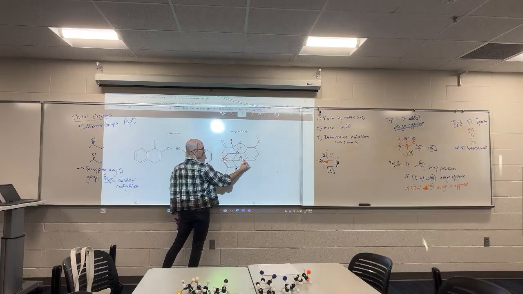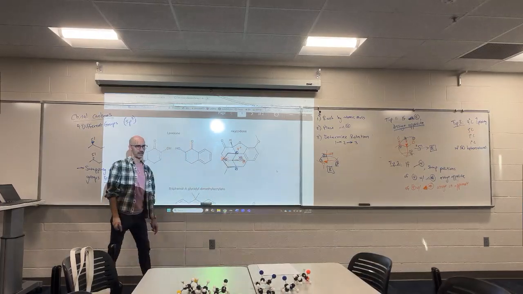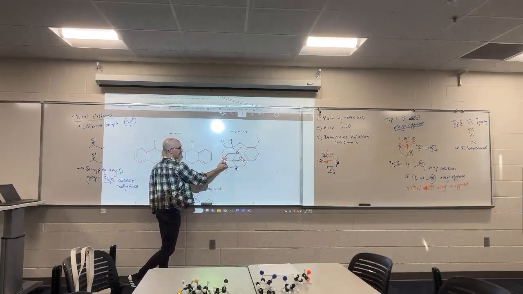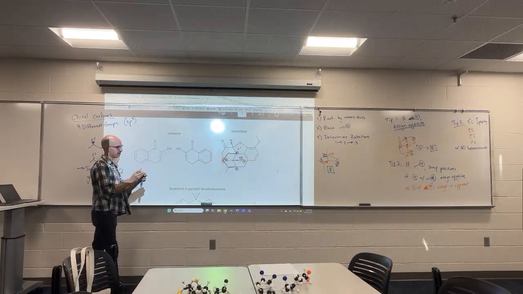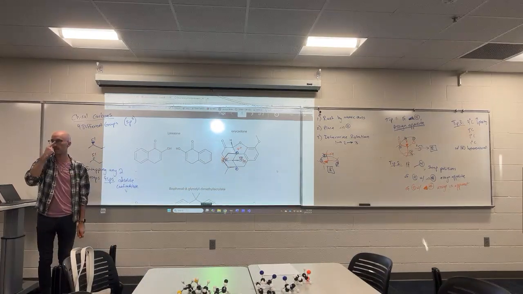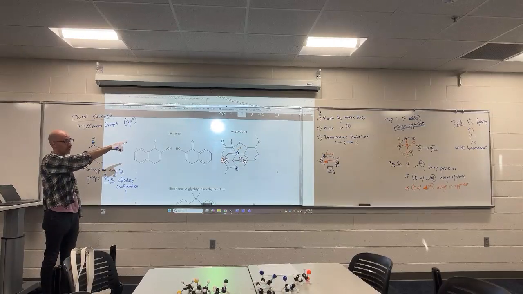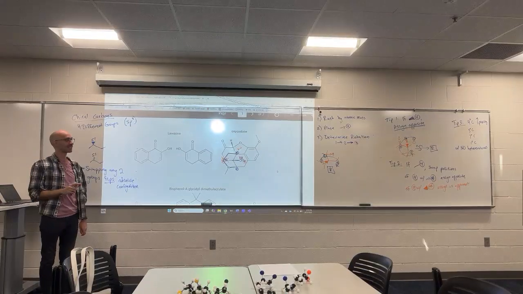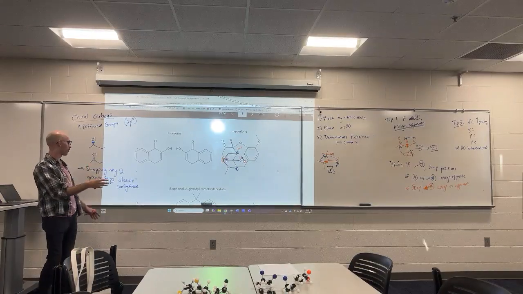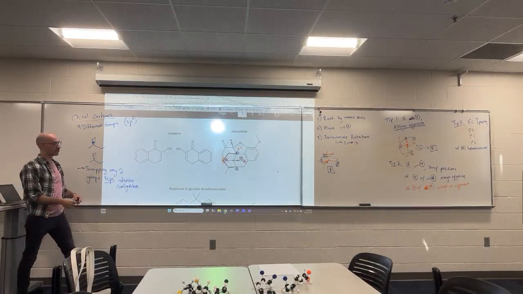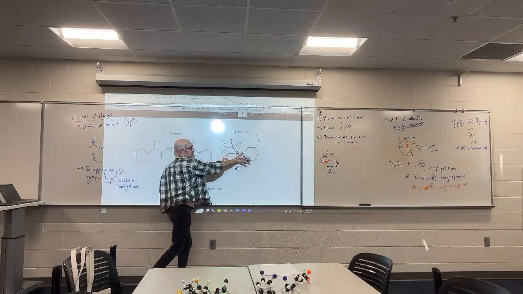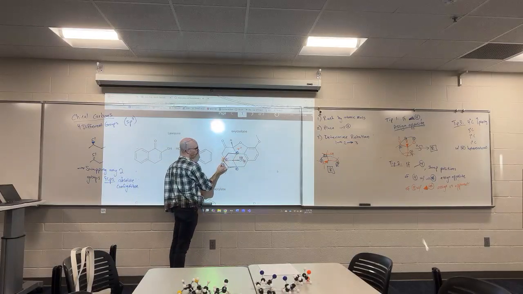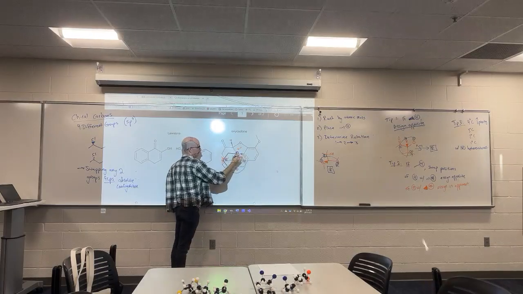Let's imagine that this is where my lowest priority was, and this is where my highest priority was. I am breaking rule number 2, and that's okay in this case, because I also broke some of the bonds. So now I determine rotation, ignoring 4 from 1 to 2 to 3.